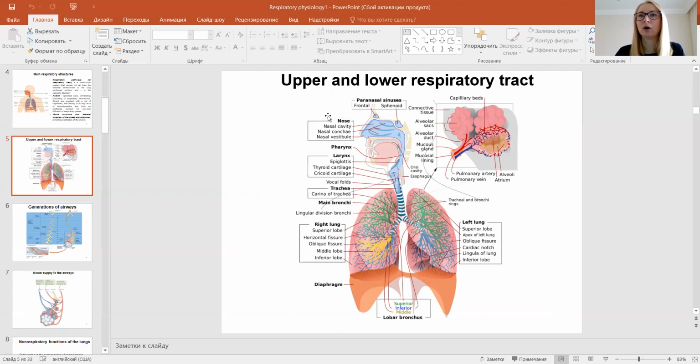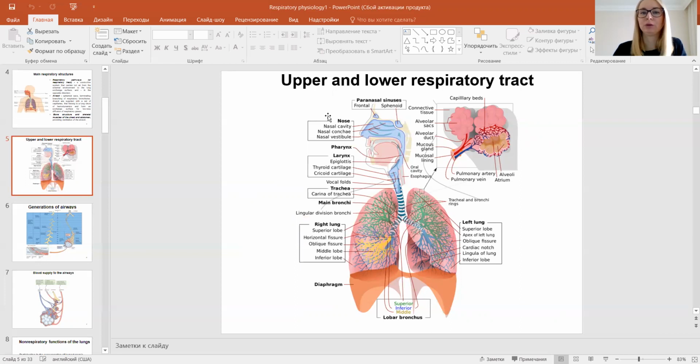The main functions of the upper respiratory tract are heating or cooling the inhaled air, humidifying this air, and purifying it.